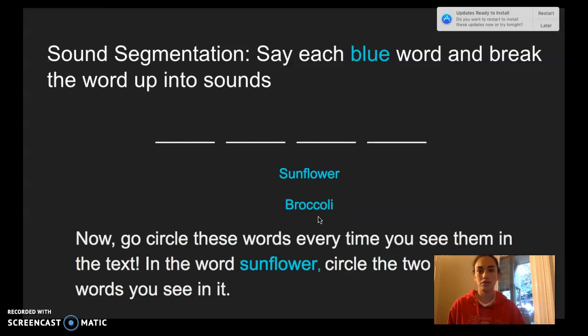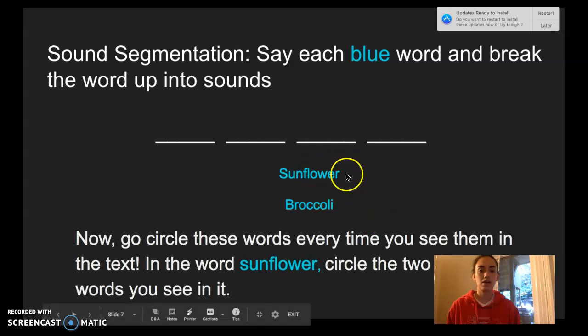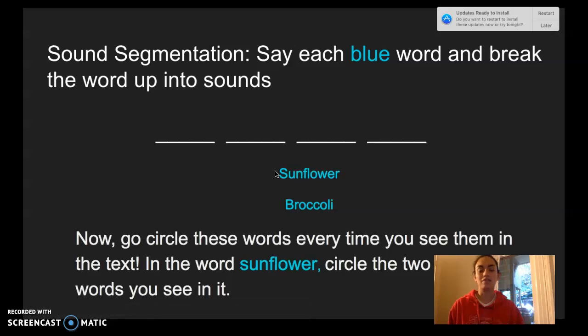Okay, we're also going to do some sound segmentation. So I know that some of your lessons for reading are also breaking up words into sounds. So there are two blue words that I'm going to ask you to sound out and break up all the parts of the word, okay? You also notice in this word, I see two small words in it. So I'm wondering if you can also, going into the next text, circle the two small words that you see in this big word right here.